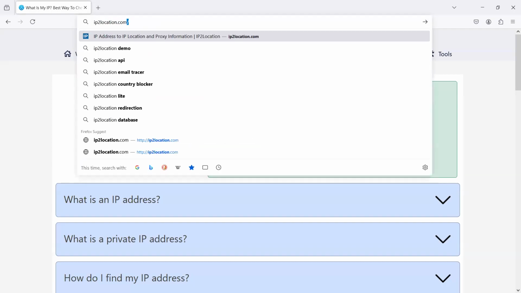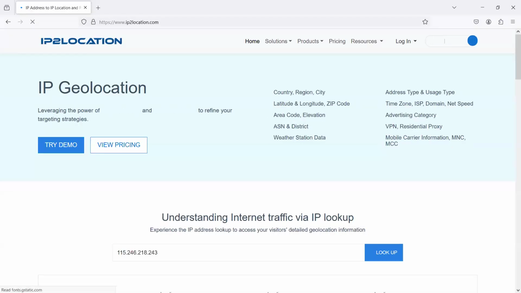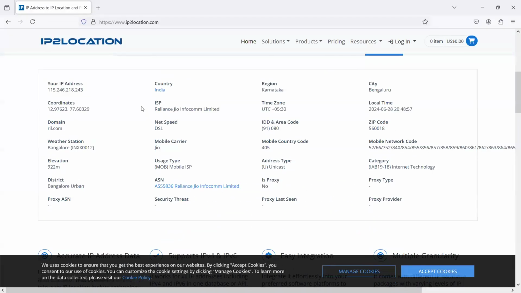So if I go with this website, ip2location.com, this might give me more information. Like, see, it says where I am right now. And along with this, it is also giving me my coordinates. So now I can just put these coordinates in Google Maps and it will give me my location. It can also tell me my internet service provider carrier, that means I'm using Geo Wi-Fi or Geo Fiber.